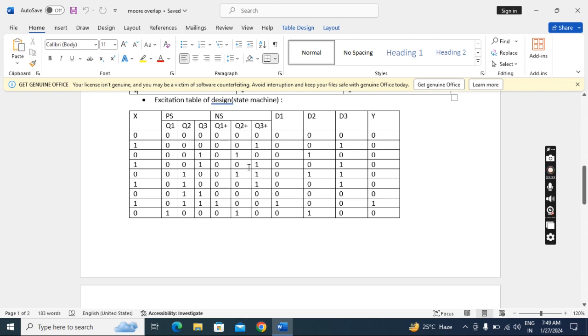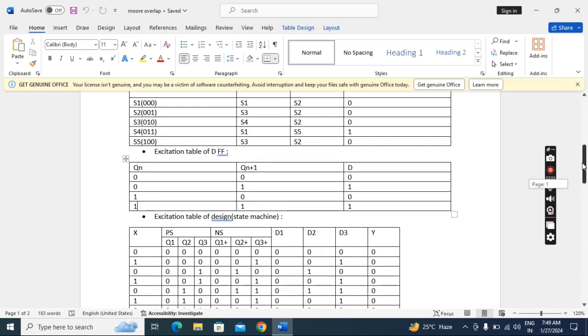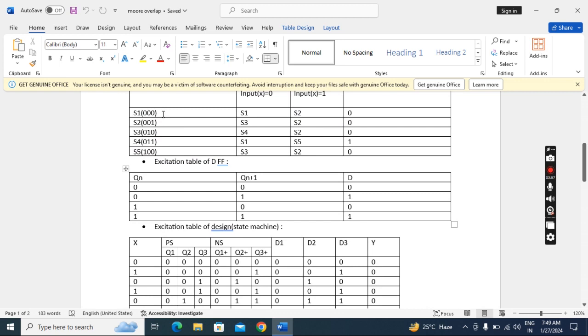Now we'll see how to write the next state. So now we'll go to the state table. Here, what is the value of the present state? 000, and the value of input x is 0. The present state is 000 and the input value is 0.